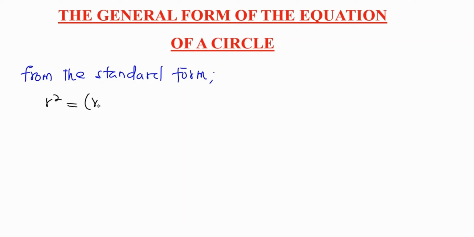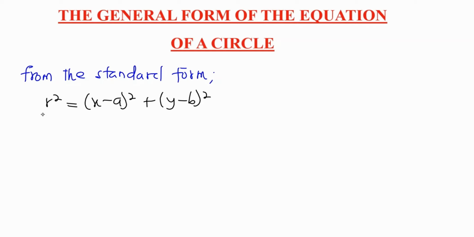So now we are looking at the general form of the equation of a circle. Remember that we said when we expand the standard form, then definitely we are going to get the general form. So now let's put from the standard form, we said that R squared is equal to X minus A all squared plus Y minus B all squared.